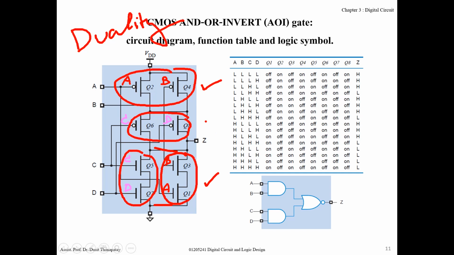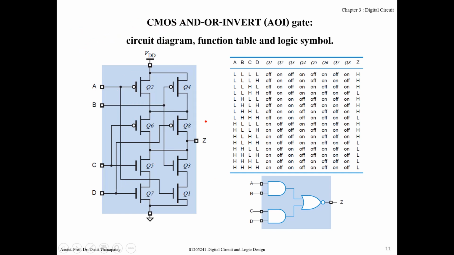Okay, something like this. So, if the configuration is like this, you can analyze just only the upper part of the circuit or the lower part of the circuit. If I consider the upper part, that means I consider when the output will be 1.